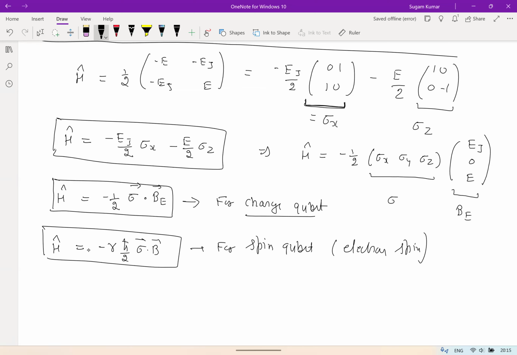The only difference is that this BE here is not a magnetic field, whereas in the case of spin qubit, this is a real magnetic field. But this is behaving like a magnetic field.